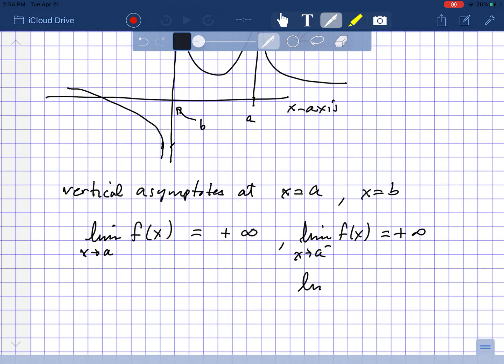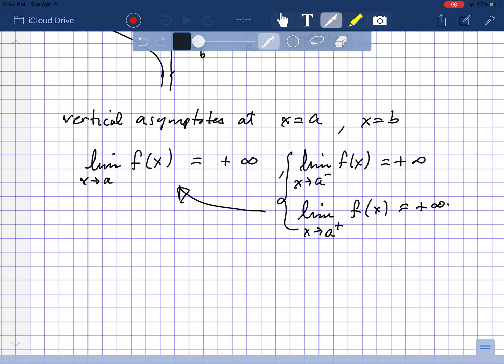And if I look at the limit as x approaches a from the right-hand side, then this limit is also equal to plus infinity. So since these two limits are equal to one another, and they're both equal to infinity, we write in that case that the limit as x approaches a of f of x is equal to plus infinity.